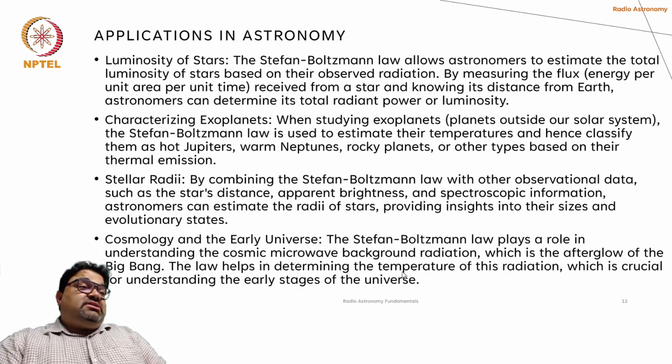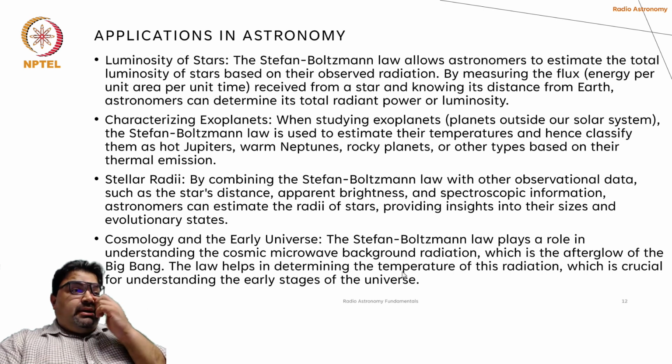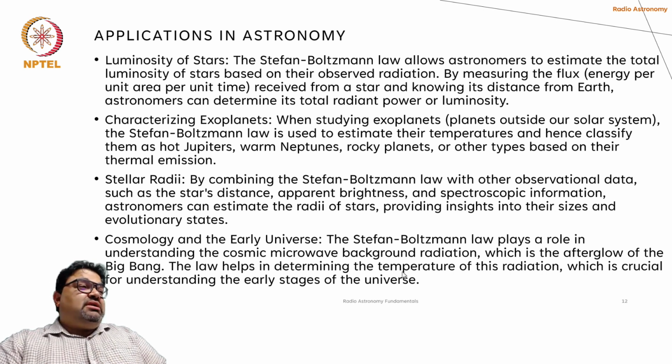What are the applications of this law in astronomy? Luminosity of the star. The Stefan-Boltzmann law allows astronomers to estimate the total luminosity of stars based on their observed radiation. By measuring the flux, which is energy per unit area per unit time, received from a star, and knowing its distance from the Earth, astronomers can estimate the total radiant power or luminosity.